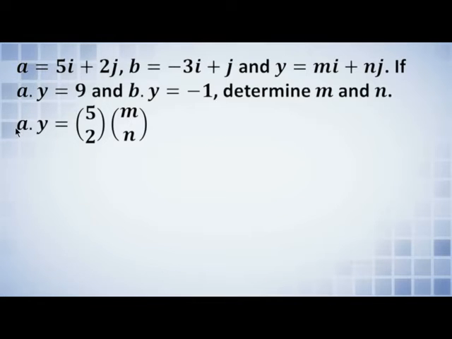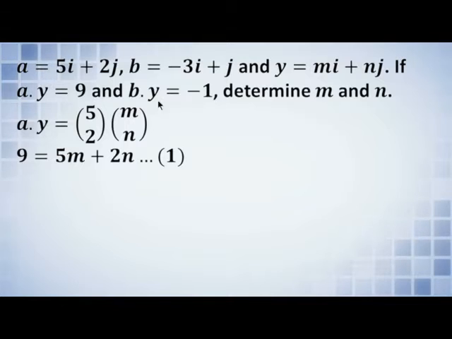It means (5, 2) dot (m, n). This is the component of A and this is the component of vector y. So A dot y is known to be equal to 9. So 9 equals 5 times m, 5m, plus 2 times n, 2n. We find the first equation.